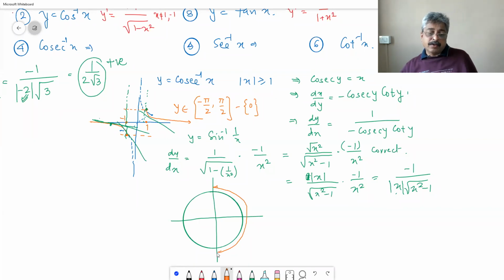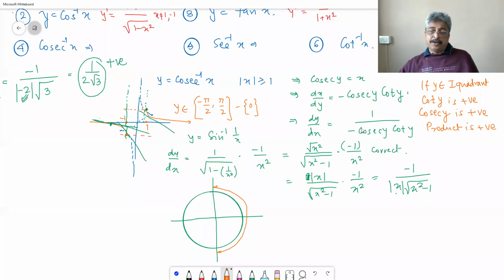So if y belongs to the first quadrant, that is 0 to pi by 2, then cot y is positive, correct? And cosec y is positive. Therefore the product is positive. That means we will have negative slope, which is correct.